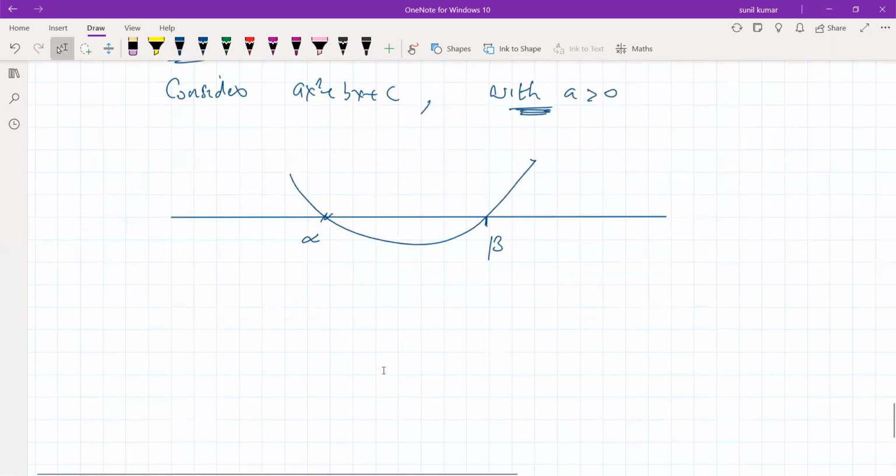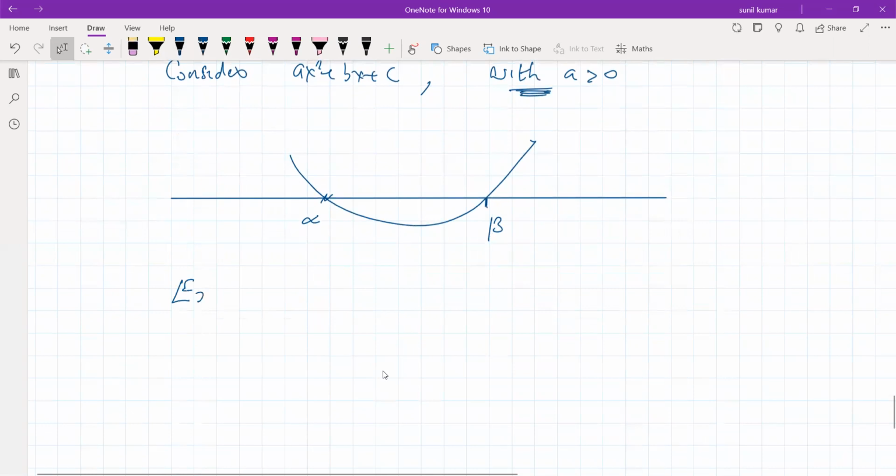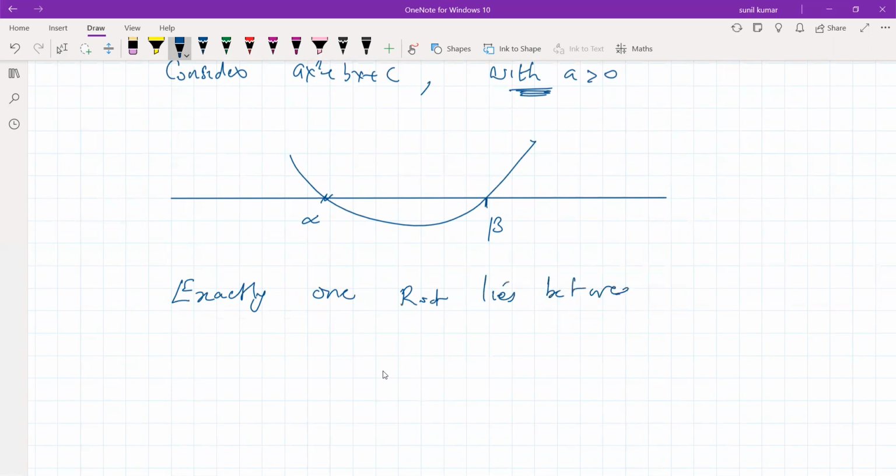So here you see one condition like this: exactly one root, out of these two, only one root lies between two numbers k1 and k2.